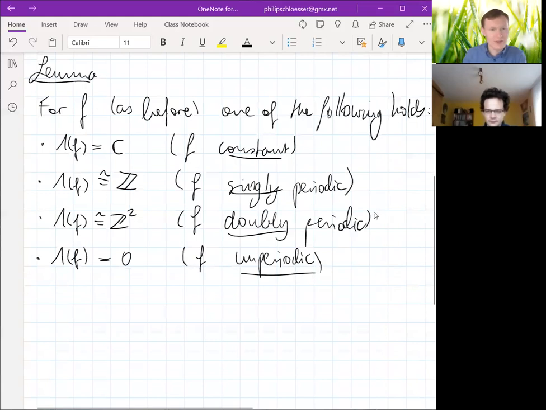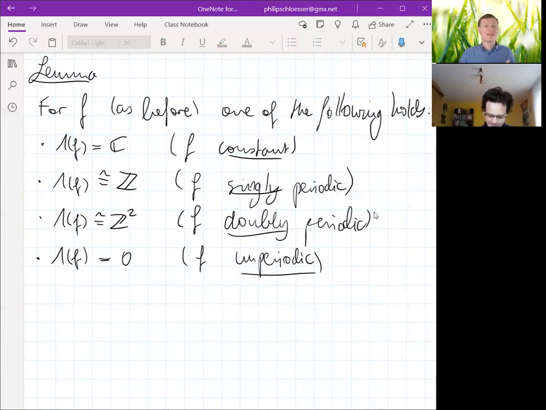So I guess a couple of comments. The constant functions are boring, or let's say we have already understood them. Secondly, singly periodic functions, we already know how to deal with them because we can expand them as a Fourier series.